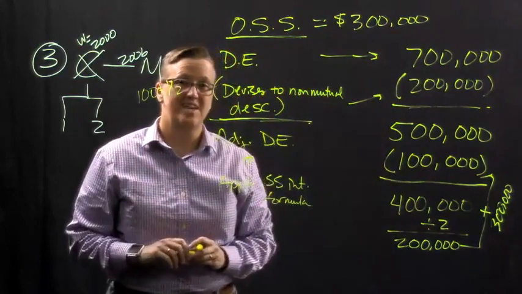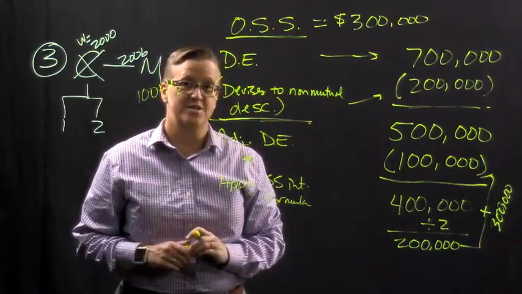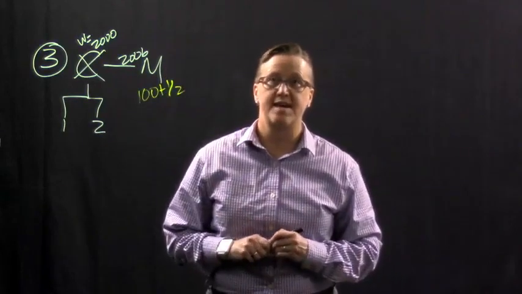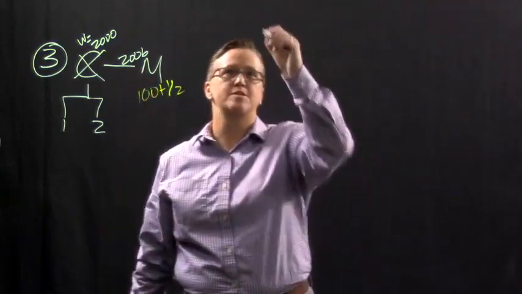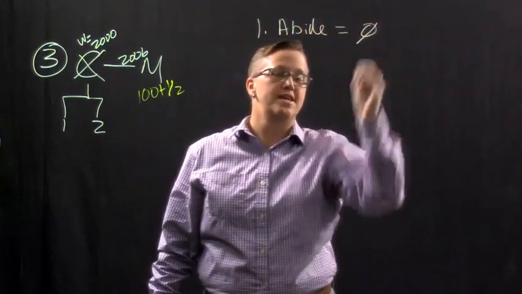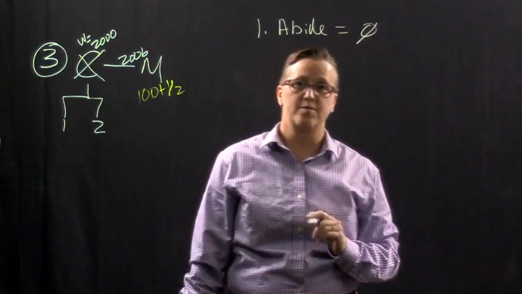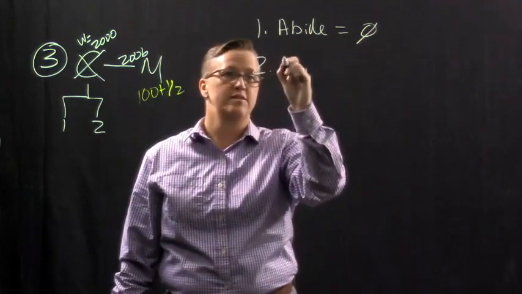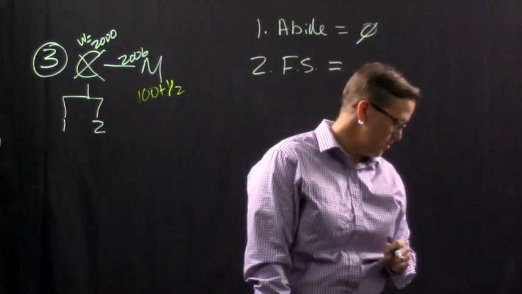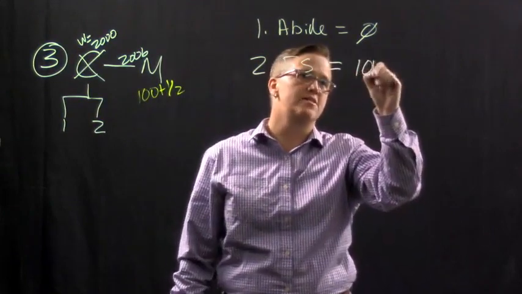Let's take a look at the final calculation and distribution of Carl's estate. We're going to wrap up Carl's estate now. So we know that Molly's options are: 1, abide by the terms of the will, in which case she would get nothing from Carl's probate estate. 2, take her forced share, which we calculated to equal $100,000.